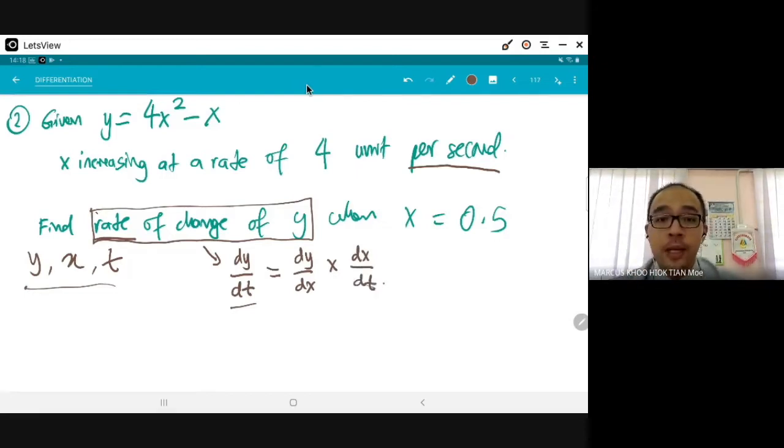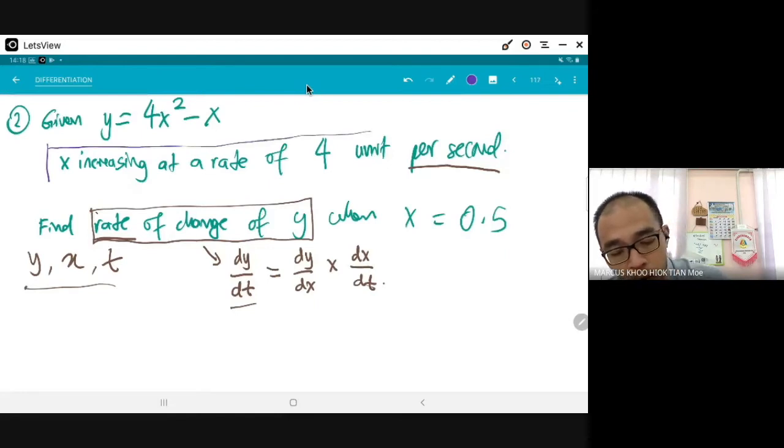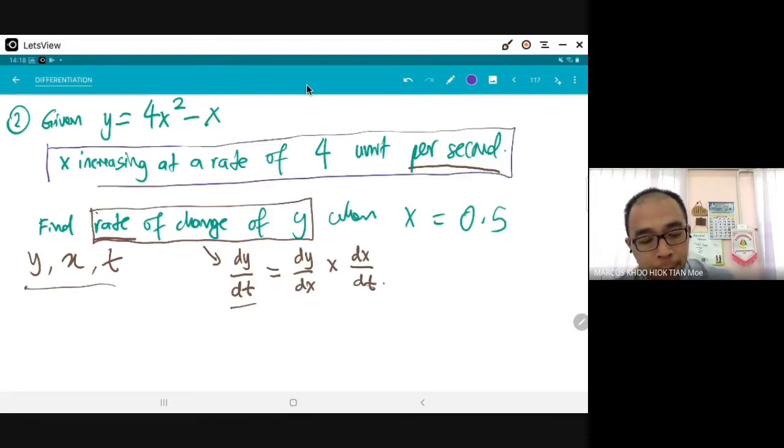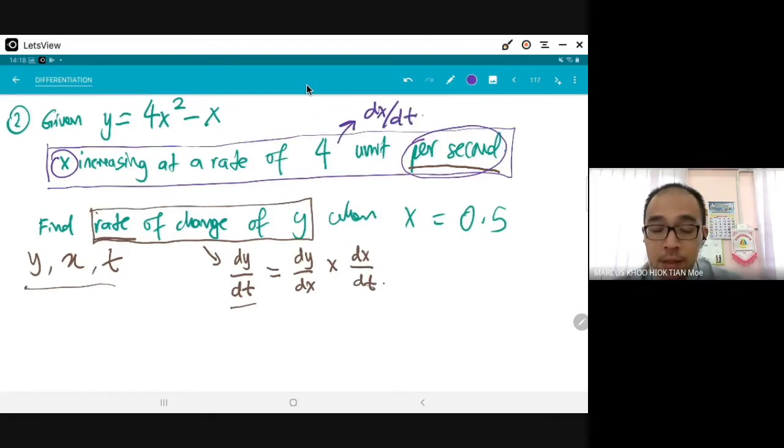Next thing is we need to understand what this sentence means. x is increasing at the rate of 4 units per second. Apa yang berubah sebenarnya? x. Dan oleh sebab dia adalah per second, this simply means that this is dx/dt.